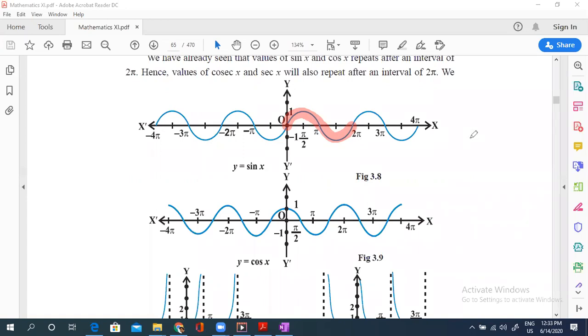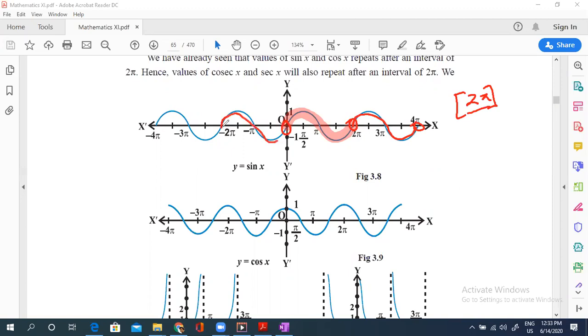And as I told you, the value will repeat after 2 pi angle, right? So whatever the value is from 0 to 2 pi, it will be the same from 2 pi to 4 pi. See, this is repeating, right? The value is same.